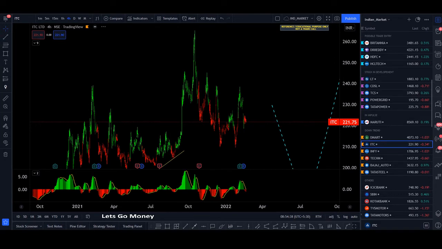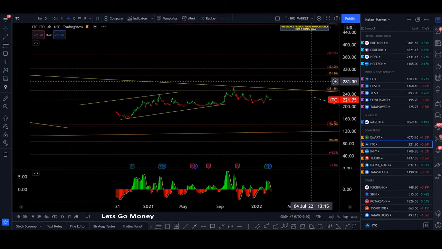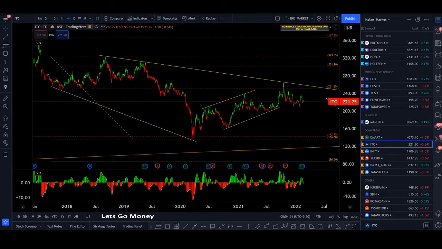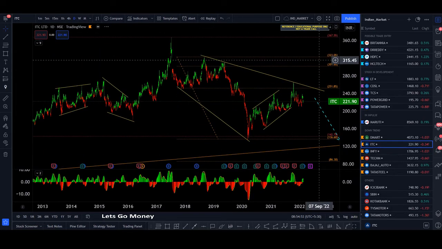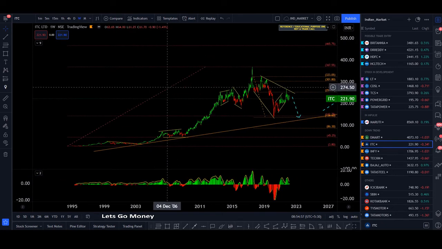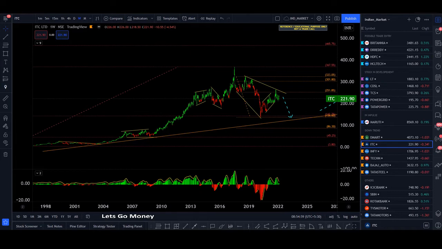ITC, similar behavior. Okay, hold on, I think something happened to the chart. Okay, got it. So if you see on a bigger daily time frame, we are actually going to weekly, we are in a corrective wave to complete the C wave.